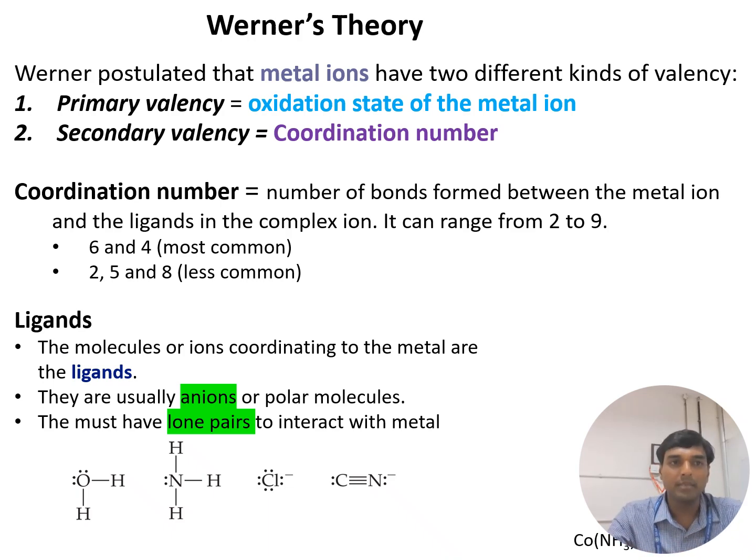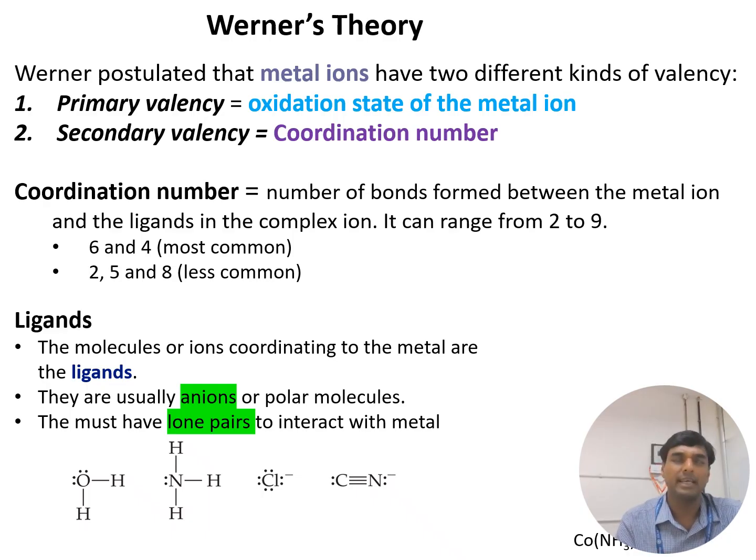The coordination number can be 2, 3, 4, 5, 6, 7, 8, up to 12 and more, whereas the primary valency can be +2, +3, +4, +5, +6, or +7.